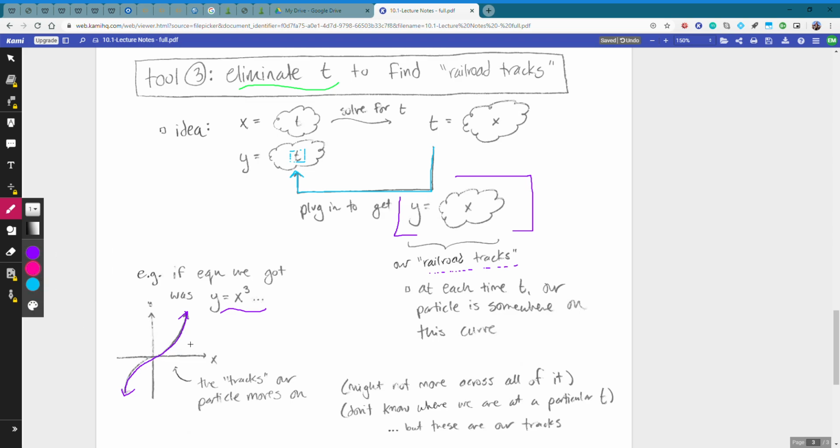And a couple of notes along with that. Our particle might not move over all of it. Maybe our particle starts here and then comes down here, and then maybe even comes back up and ends at the same point that it started, right? So it doesn't ever go off on the tails. Maybe this is the path of our particle in the middle. That might be true, or it might be doing something else.